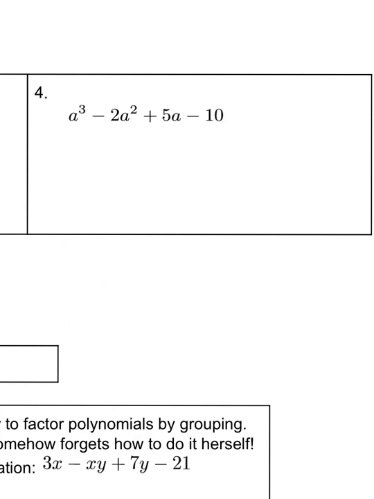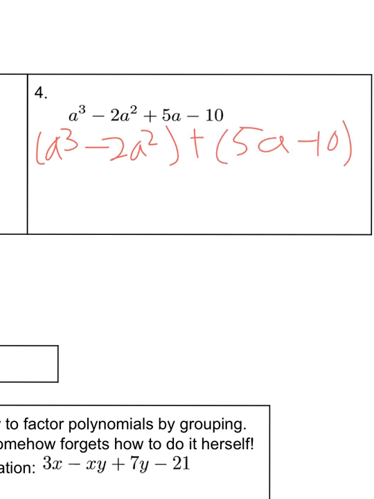Alright, number 4. We have a cubed minus 2a squared plus 5a minus 10. So we're going to group: a cubed minus 2a squared, plus 5a minus 10. From these two groups, we're going to factor. From the first group, we can take out a squared, and we're left with a minus 2.